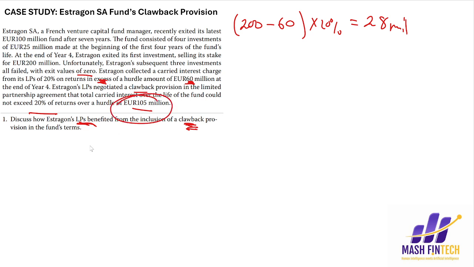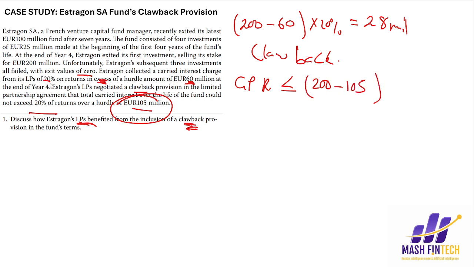This is the clawback provision, where the GP return has to be less than or equal to, it must not exceed this, so it must be 200 minus 105 multiplied by their percentage fee, the carried interest, 20%.